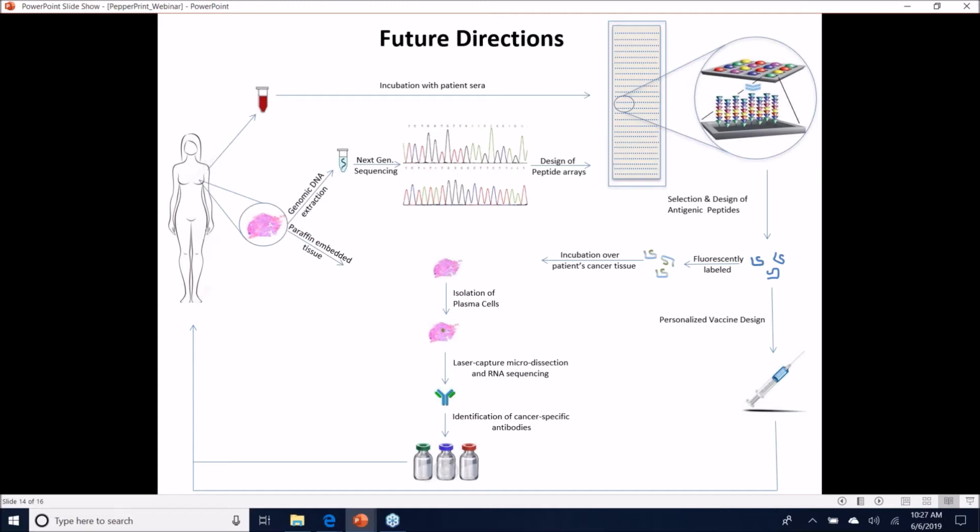So what we do typically is we look at these tumor infiltrating T cells and B cells, and we can molecularly profile antibodies, for example, and rapidly clone them, and then use PEPperPRINT Peptide Microarray to map what the targets are.